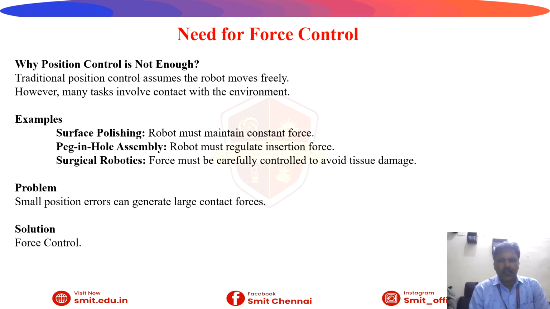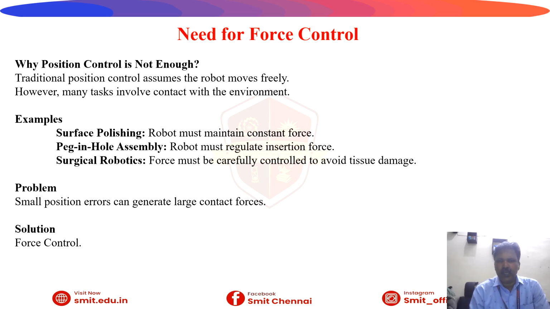Why is there a need for force control? Why is position control not enough? Traditional position control assumes the robot moves freely. However, many tasks involve contact with the environment. Example, surface polishing: a robot must maintain constant force.